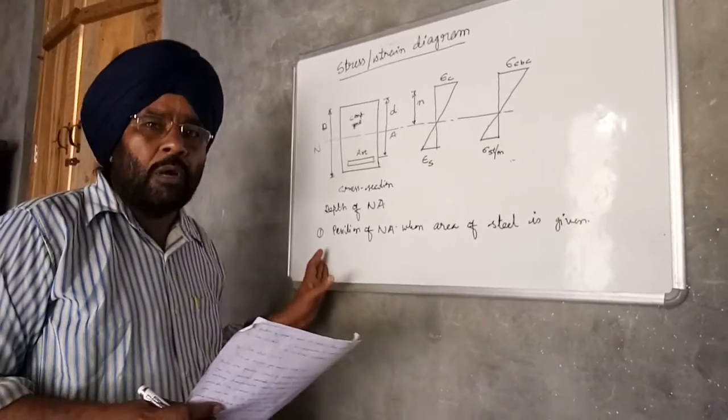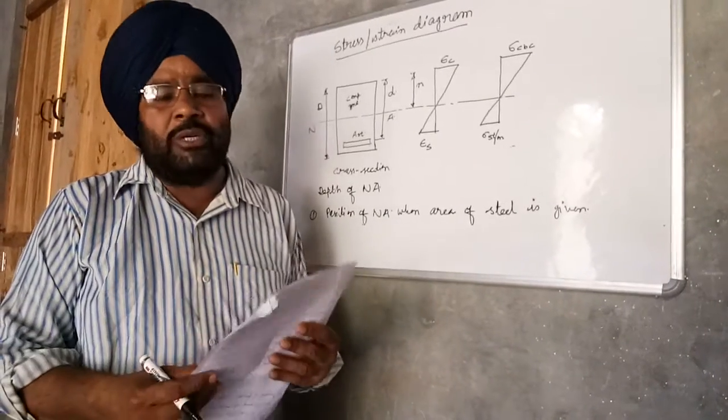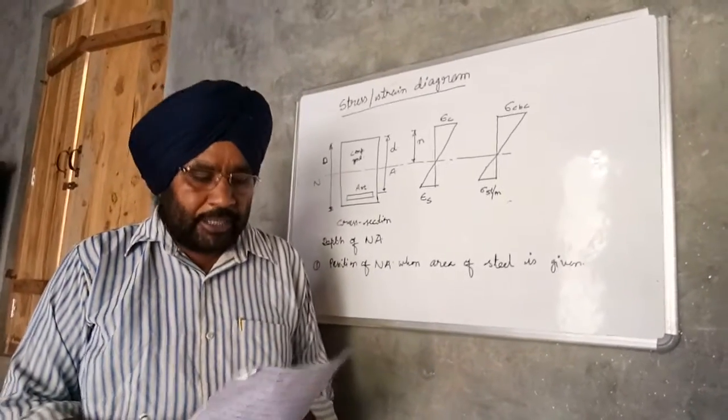For equilibrium of the section, the moment of area on the compression side must be equal to the moment of area on the tension side.